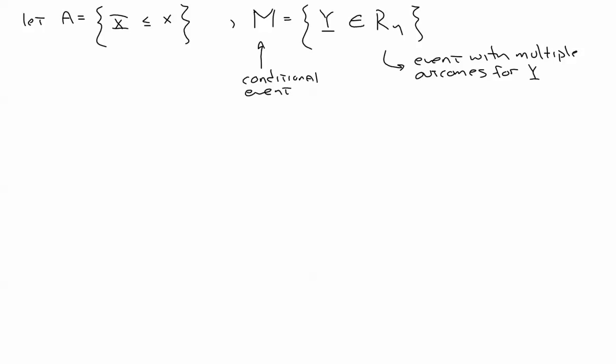The probability of A and M occurring equals the probability of A if M occurs times the probability that M actually occurs.